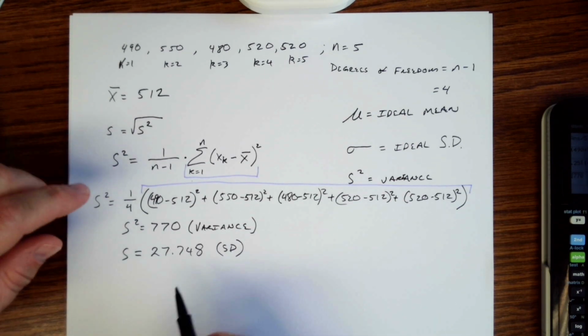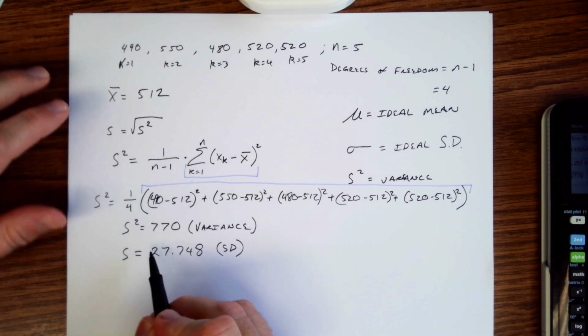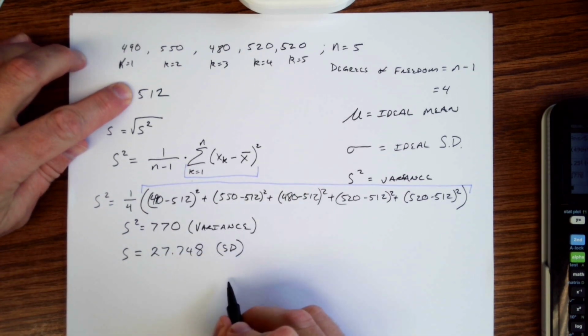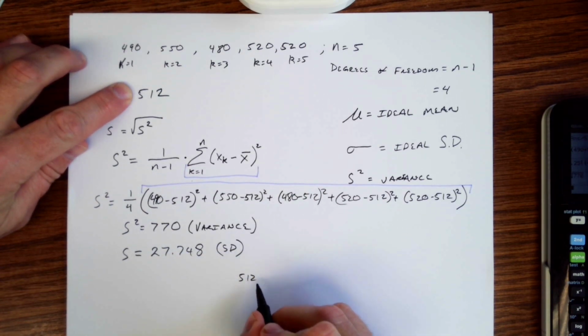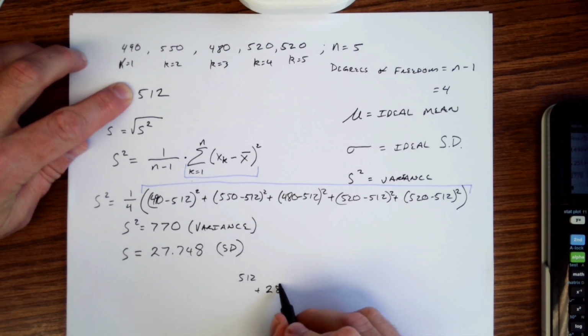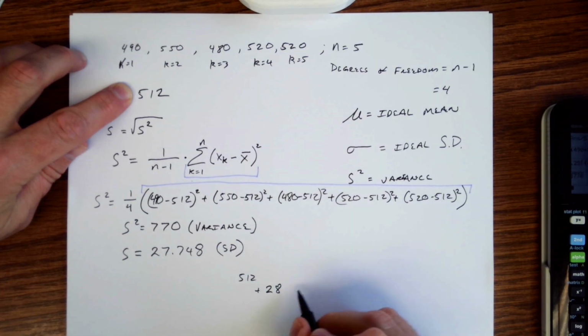Now, what does that mean? Well, look at my data set. We found that the mean was 512. So if we do plus 28, let's go ahead and say 28, just because we're dealing with whole values here. Plus 28, that'd be 540, wouldn't it?